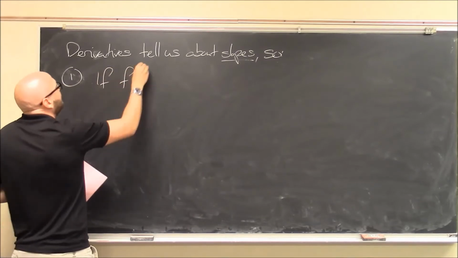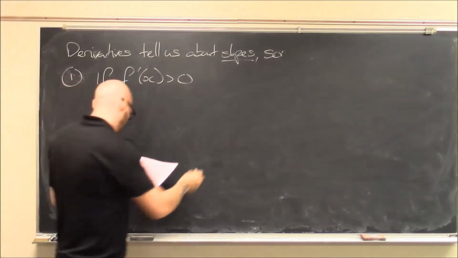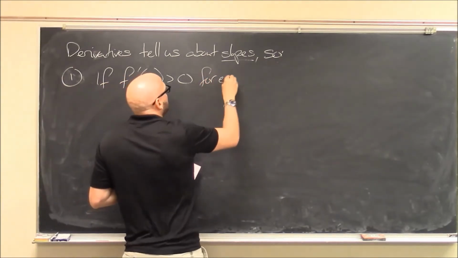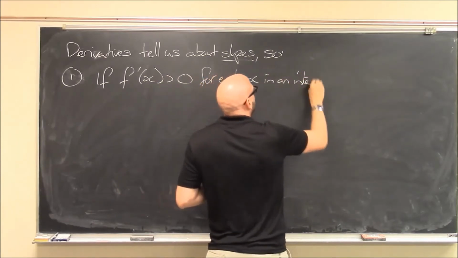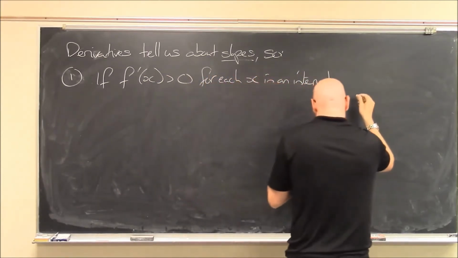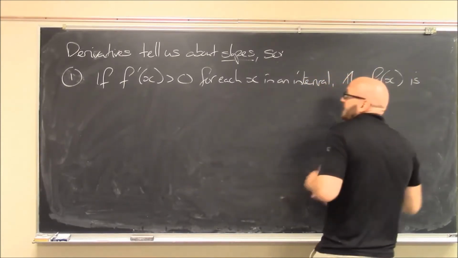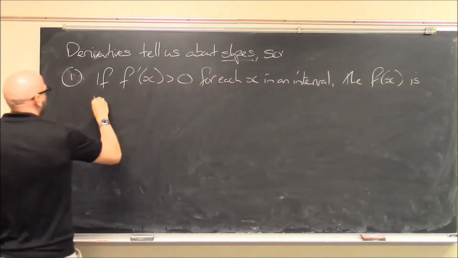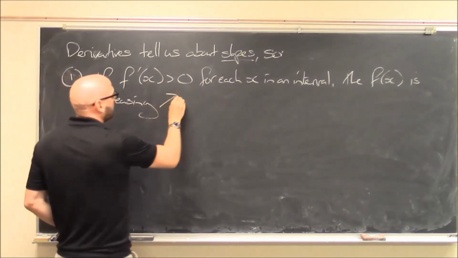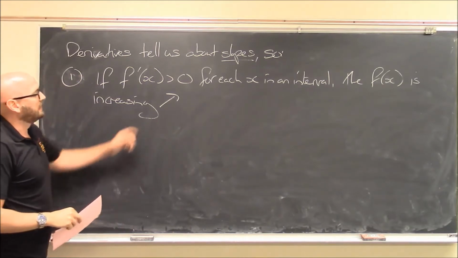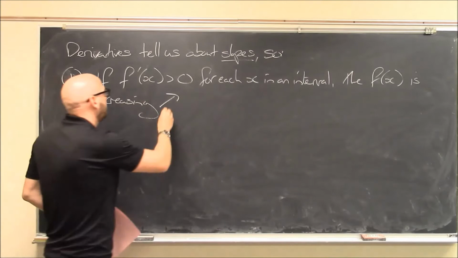If the derivative is positive, if f prime of x is bigger than 0 for each x in an interval, then f of x is increasing. So it looks like that. More or less, it could curve either direction, but it would be an increasing function, so it's going up.